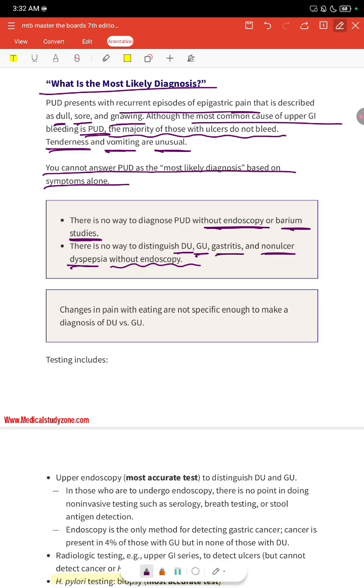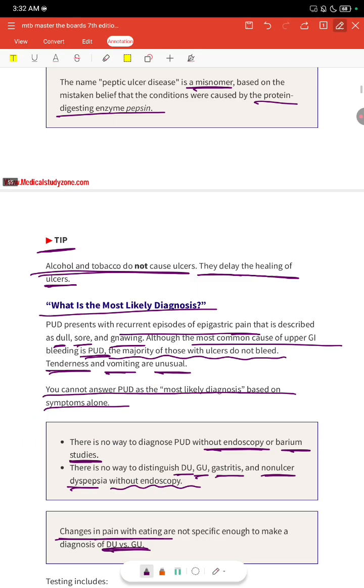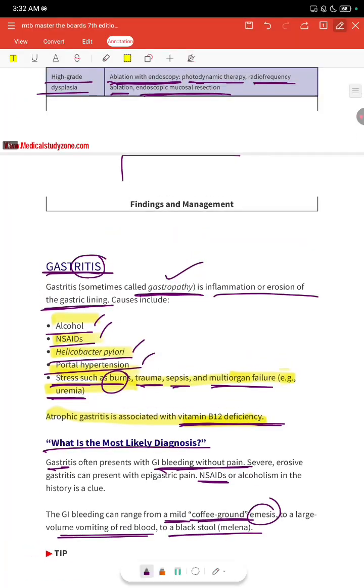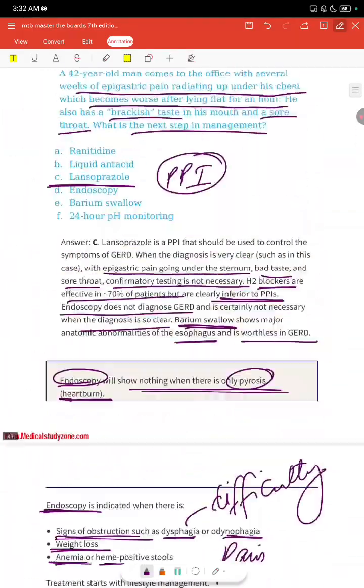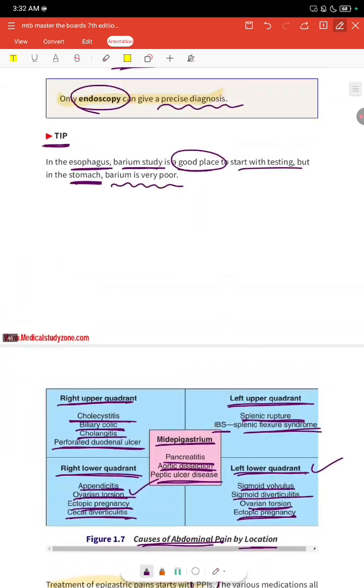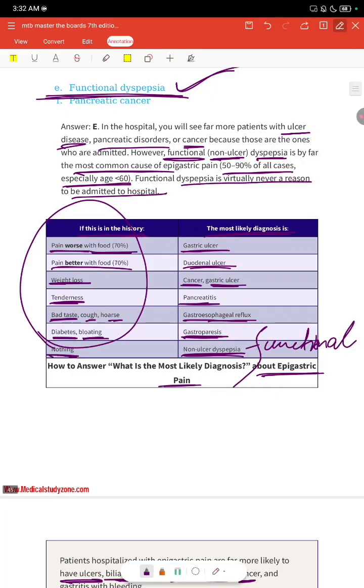Changes in pain with eating are not specific enough to make a diagnosis of DU versus GU. You can say that in 70% of cases, if the pain gets worse with food, it is gastric ulcer, and if pain gets better with food, in 70% of cases it is duodenal ulcer.